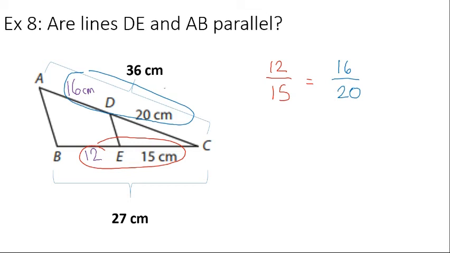Okay, now I want to reduce this. I'm going to divide this by, let's say, 3. So 3 goes into 12 4 times. 3 goes into 15 5 times. Here, divide this by 4. 4 goes into 16 4 times. 4 goes into 20 5 times.